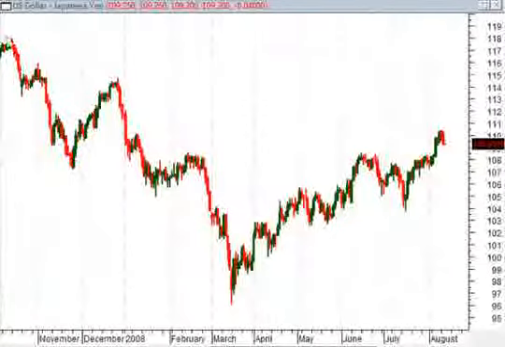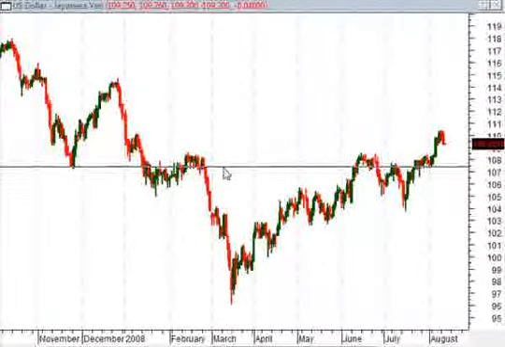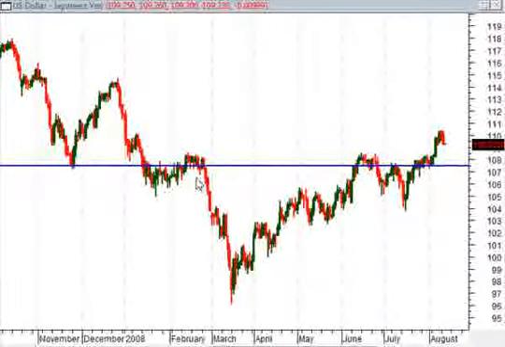But if we back up here a little bit, we put a line across the bottom of these consolidations, once, twice, 3, 4, 5 times, and we finally broke up above that. We have some intermediate term support down here at around 107.50 or so, about 200 pips away.